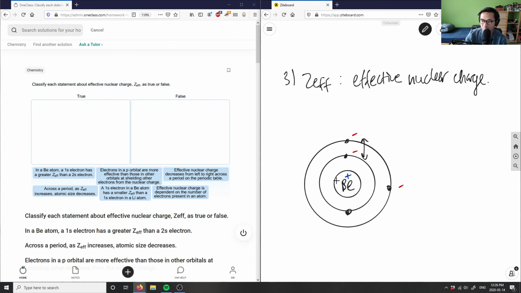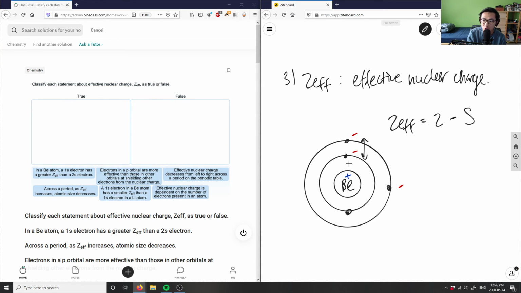So you can actually calculate ZF through this concept, right? ZF is going to equal Z, which is the number of protons in the nucleus, minus S, which is the number of electrons between the nucleus and the electron in question, so the number of non-valence electrons.